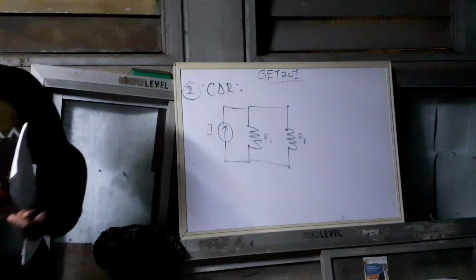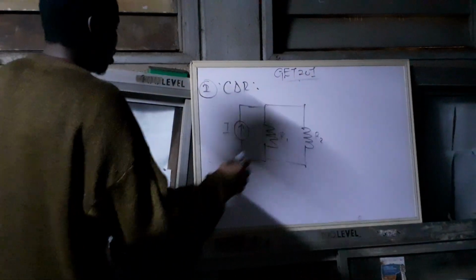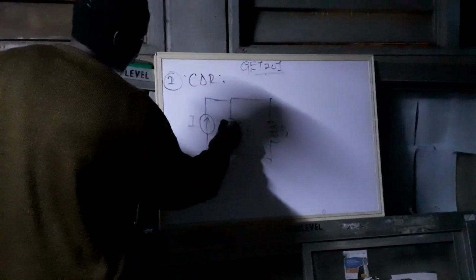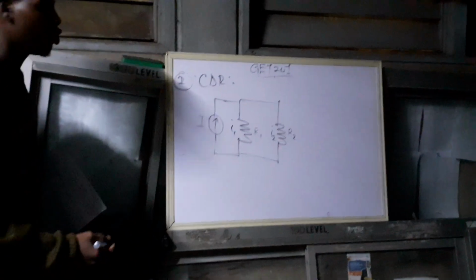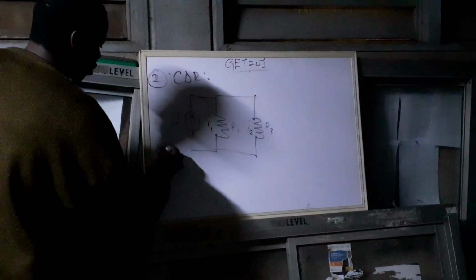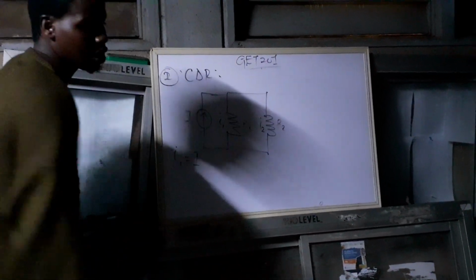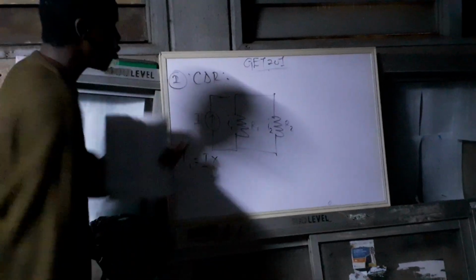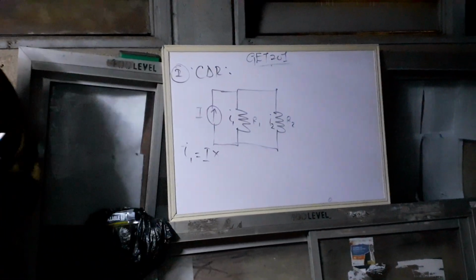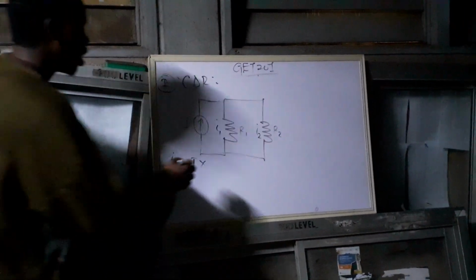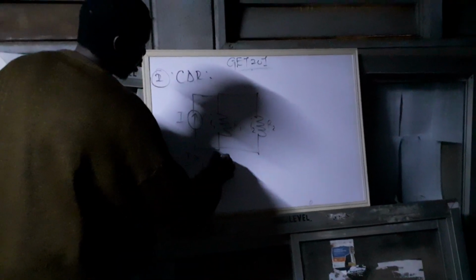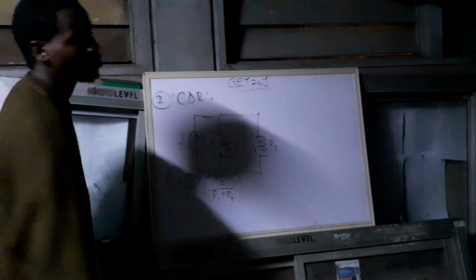What does the current divider rule say? Let's denote the currents as I1, I2. I1 equals I, the total current, times R2 over R1 plus R2.